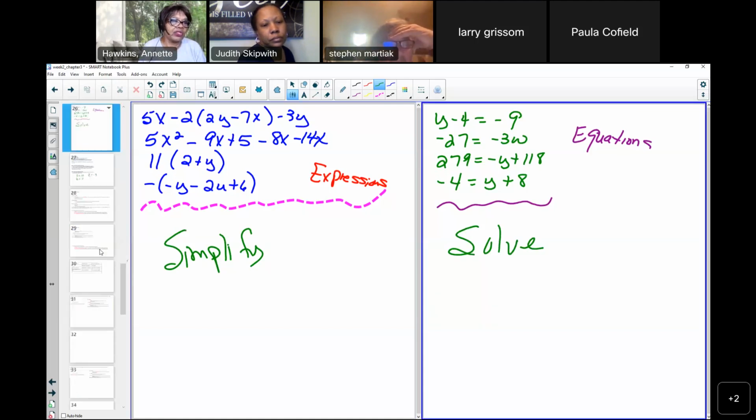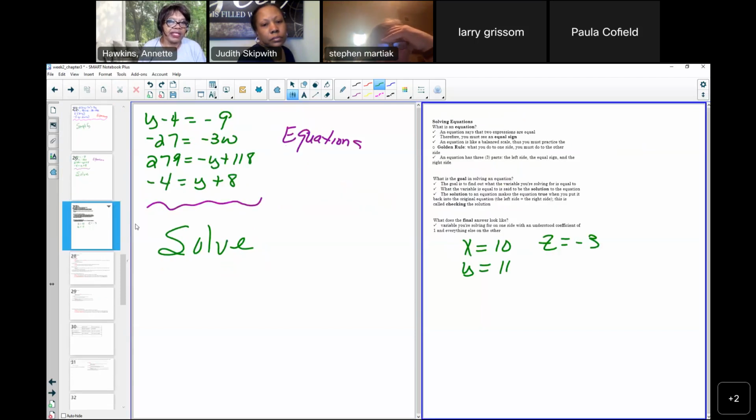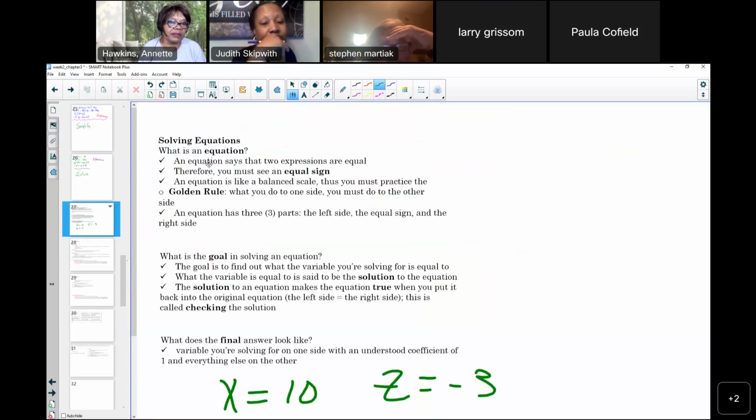All right, so let's talk about an equation. Now, everything that we were doing, we were leading up to trying to solve an equation because these are the steps involved. Okay? So first of all, an equation says that two expressions are equal. So I just told you that you're going to have an equal sign. So you have to see an equal sign for it to be an equation.